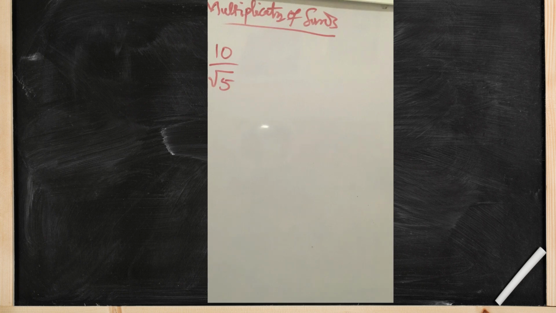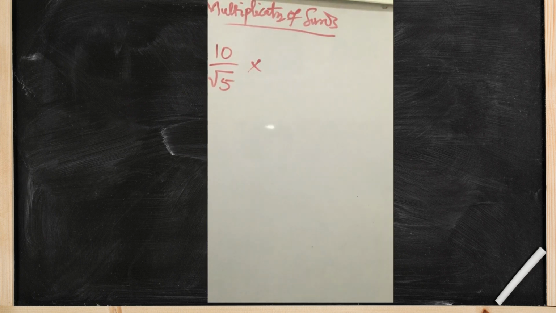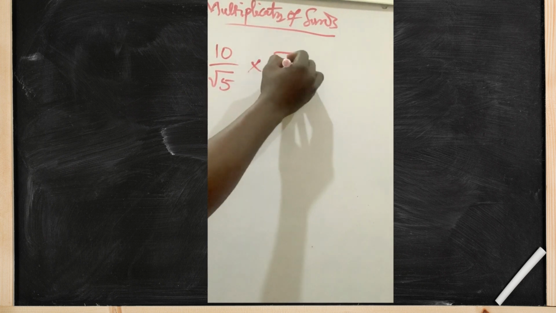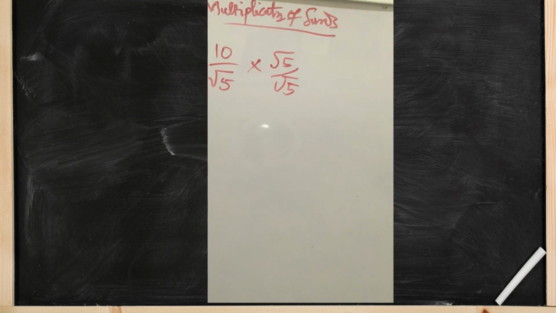Rationalization of a surd simply means you're multiplying the surd by 1, because you want to eliminate the square root at the denominator level. So this, raised to power 1, is still the same thing as saying square root of 5 over square root of 5, because by the time you cut this out, it's still going to be 1, meaning nothing has changed.